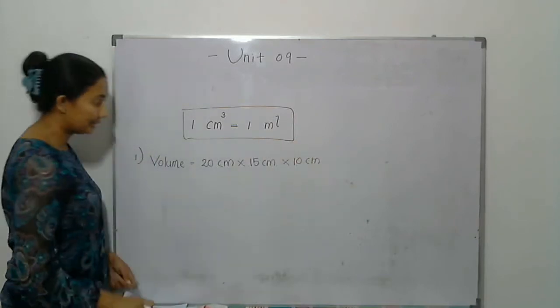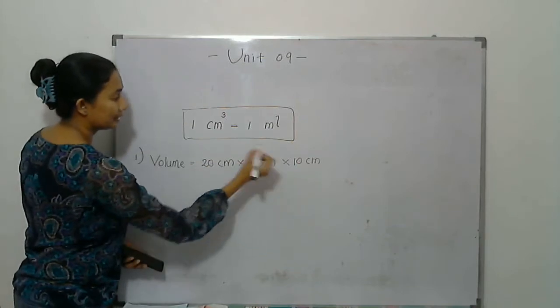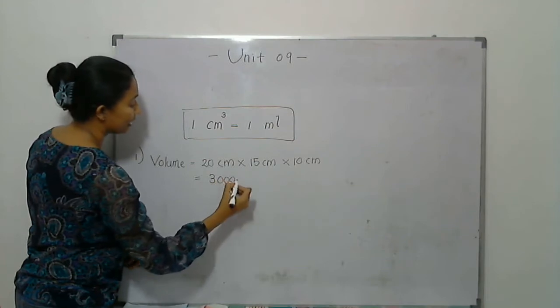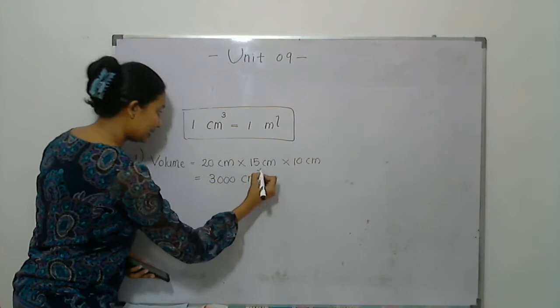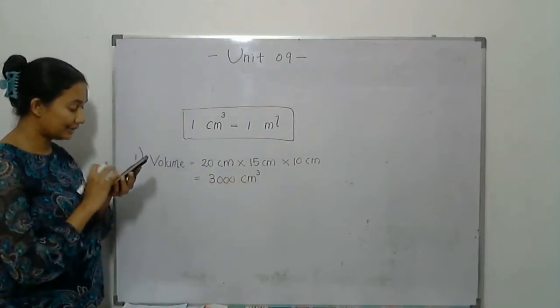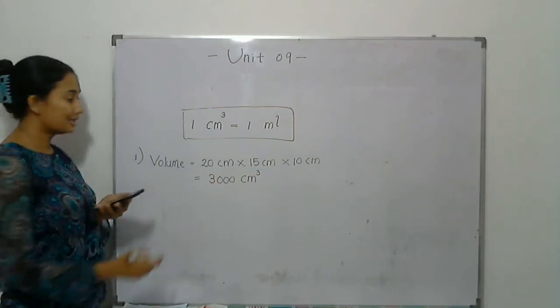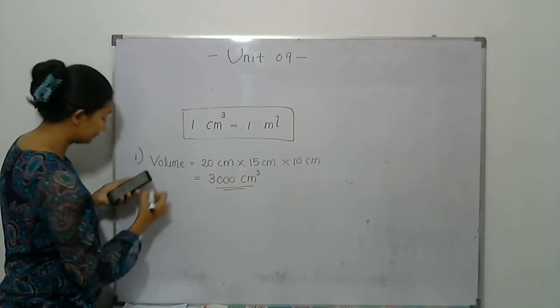Then when we multiply these values, it is 3000 cubic centimeters. Then the answer for the first part, volume in cubic centimeters, is 3000. Now let's see the second one.